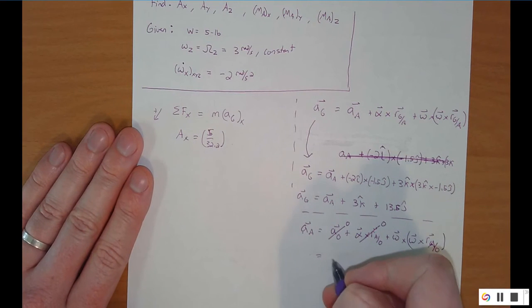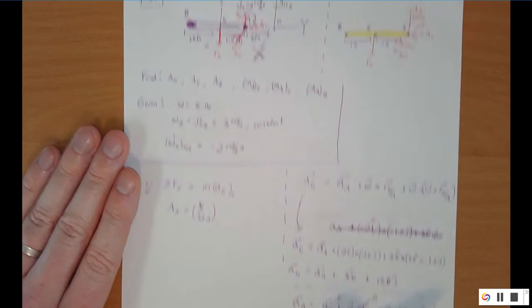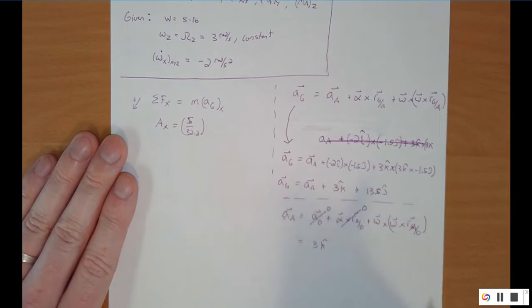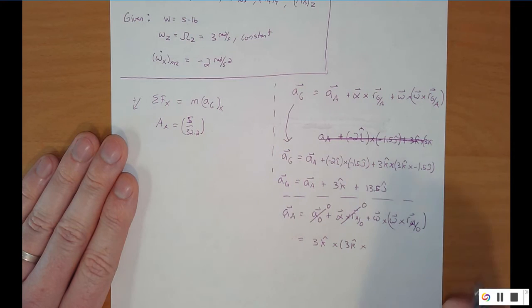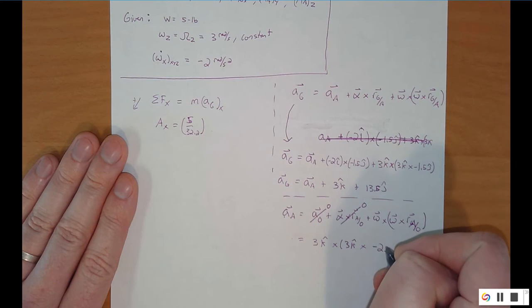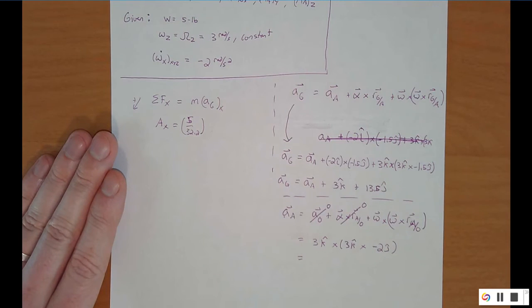Our omega is that 3 k hat due to the rotation about z. And then the shoulder is 2 feet away from the wrist, so we're going to use a -2 in the j hat direction. When you do this math, you will get an 18 j.